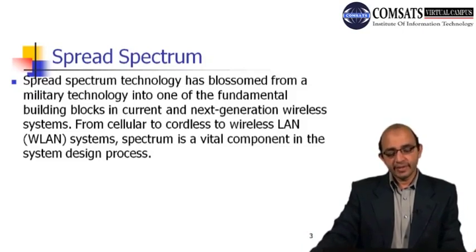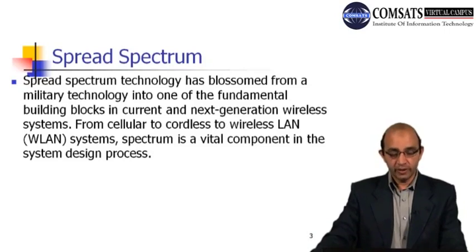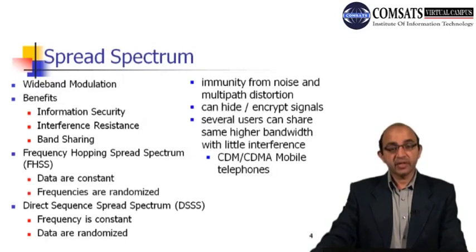But nowadays this spread spectrum technique is being used for cellular communication. It is also being used for cordless telephony, wireless LANs, and we also have some other areas where this technology is being adopted due to its different characteristics.